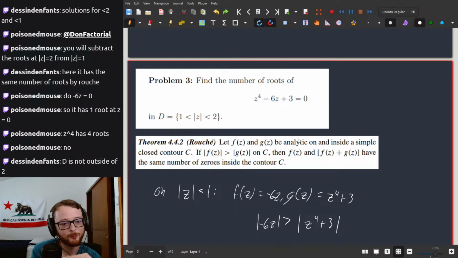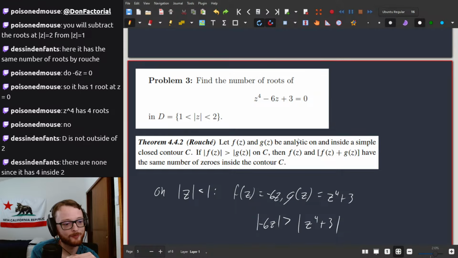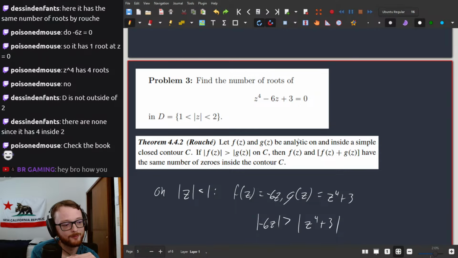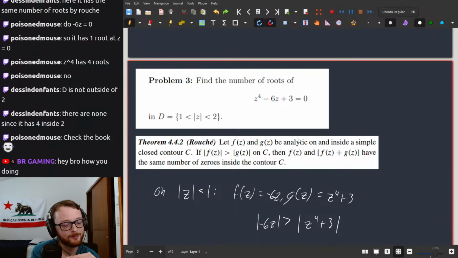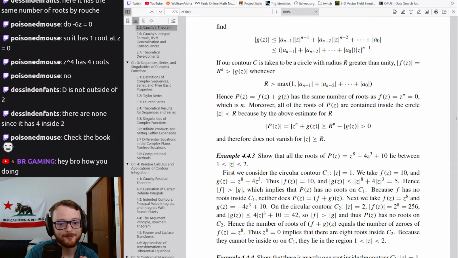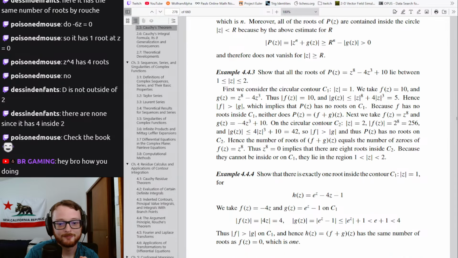We're asking about the roots in that annulus. Yeah, and they do Rouche's multiple times. They first do Rouche's for the inner contour, and then they do Rouche's for the outer contour.